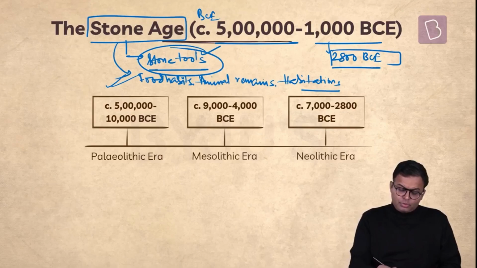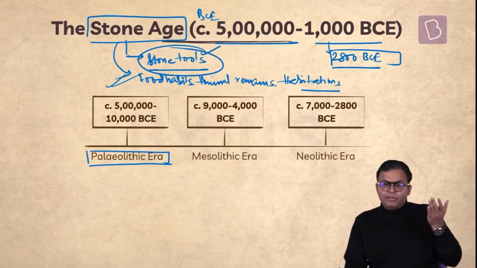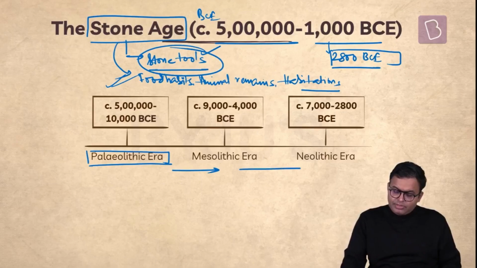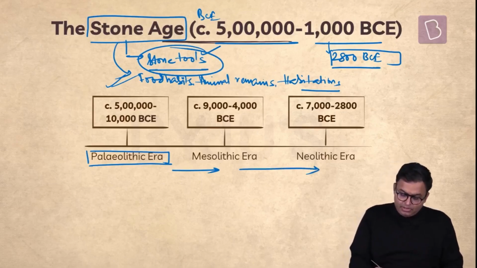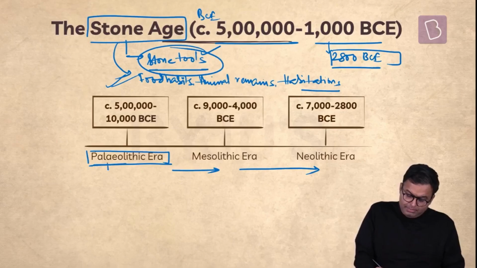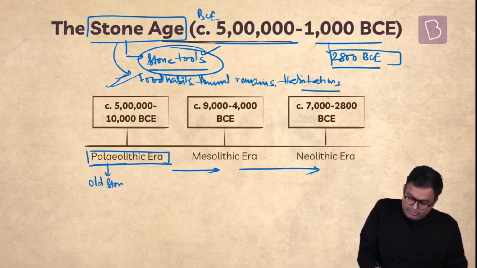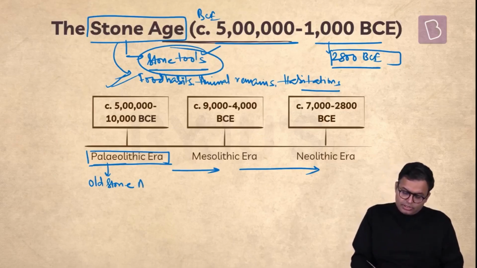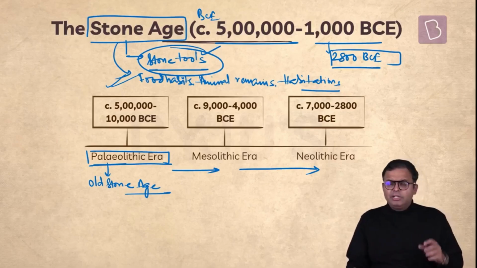Now, again, talking about stone tools, the nature of stone tools, the shape, the size, the surface glaze has been changing from Paleolithic to Mesolithic and from Mesolithic to Neolithic. Now, this is Paleolithic era. Paleo means old, lithic means stone, so old Stone Age. Here we have a hunting gathering community. I'll not get into much detail.